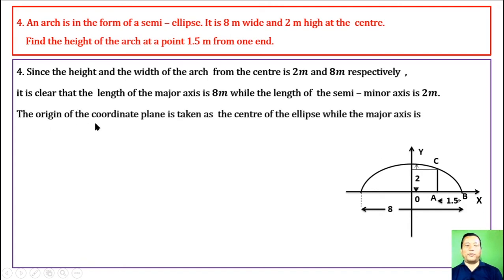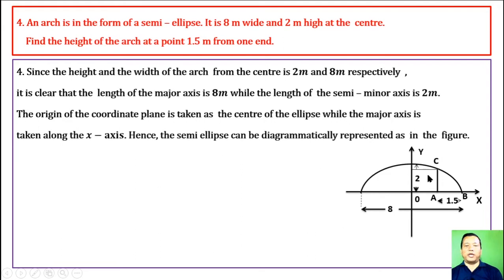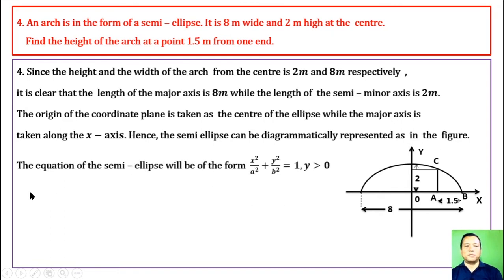The origin of the coordinate plane is taken as the center of the ellipse, while the major axis is taken along the x-axis. Hence, the semi-ellipse can be diagrammatically represented as in this figure. The equation of the semi-ellipse will be of the form x squared by a squared plus y squared by b squared equal to 1, where y should be upward portion.